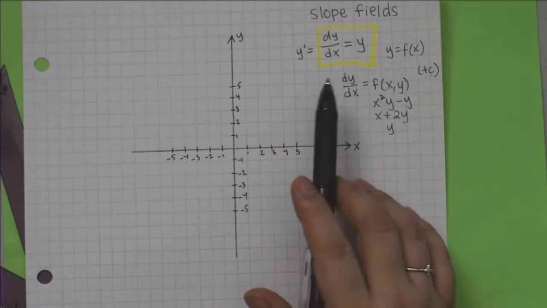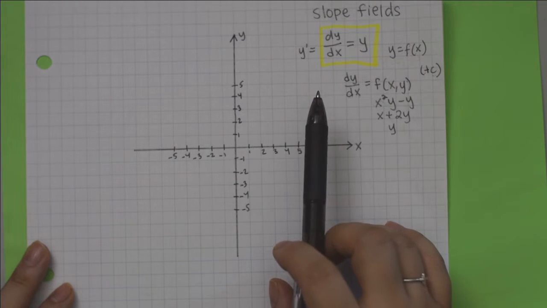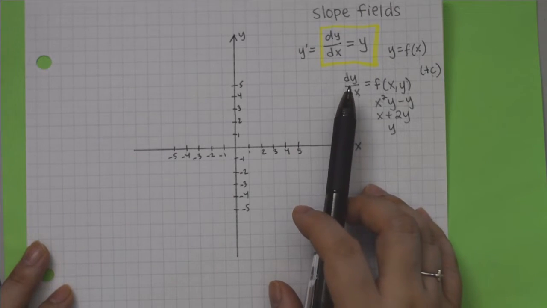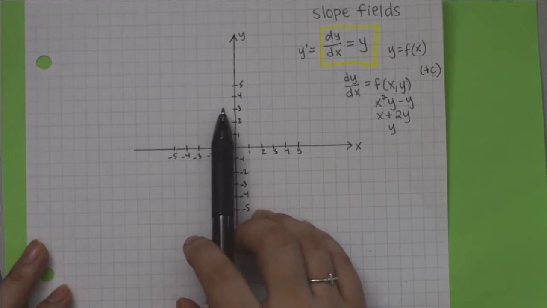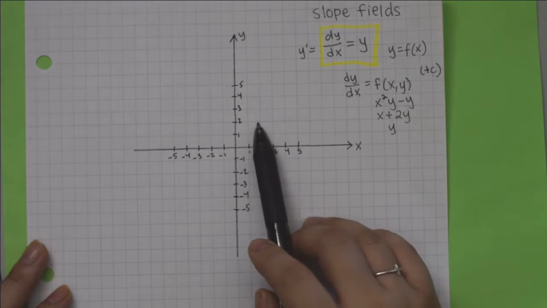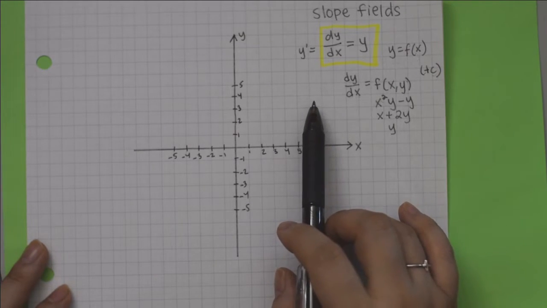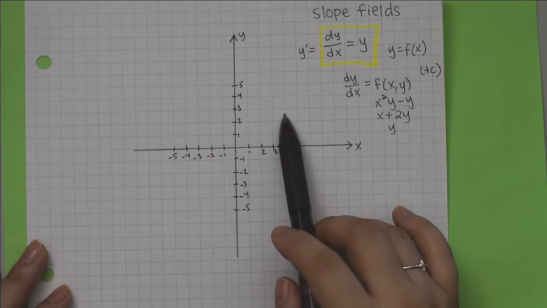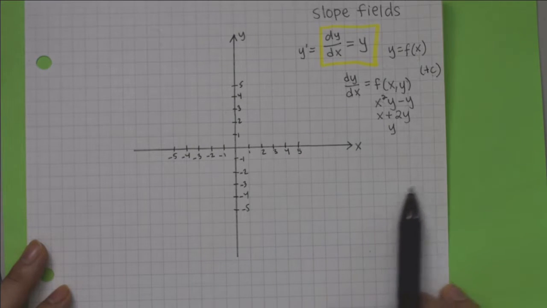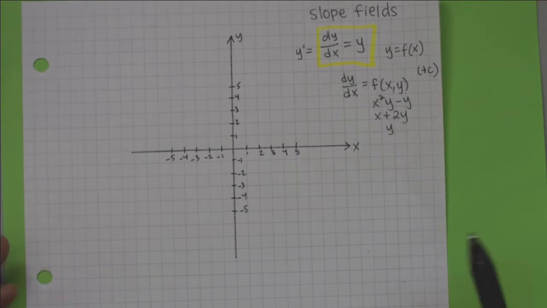Drawing out a slope field is particularly helpful for when we cannot solve directly, because instead of getting this equation, we can sketch out the derivatives at particular points, and then we can follow those derivatives to get a general shape for our function, even when we don't have the exact equation.